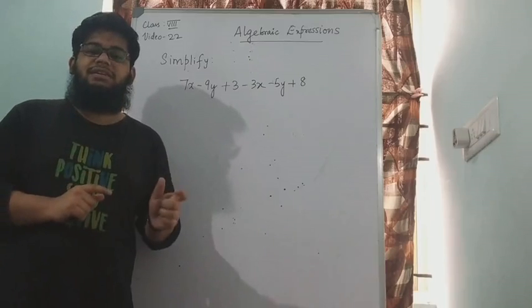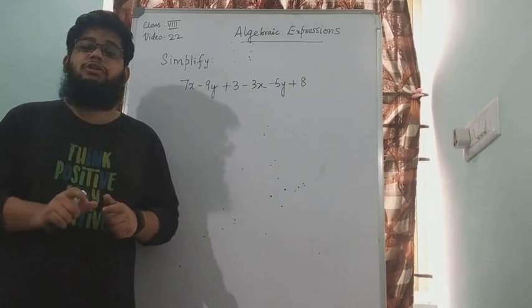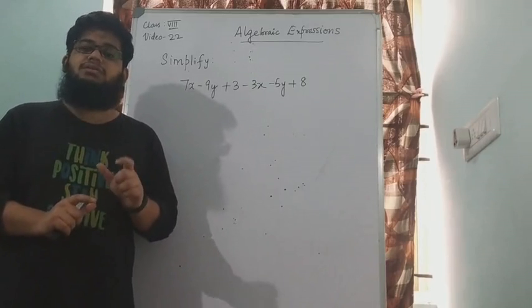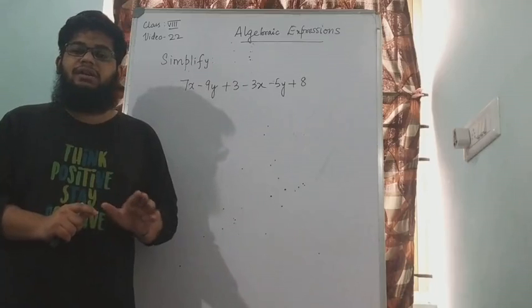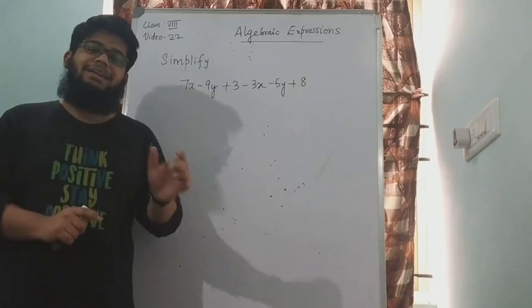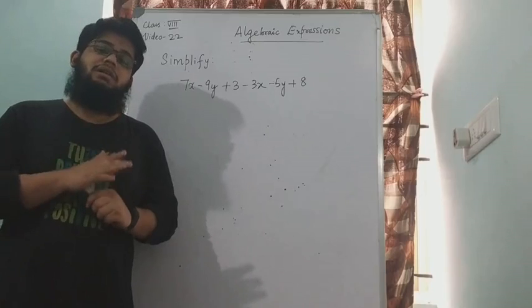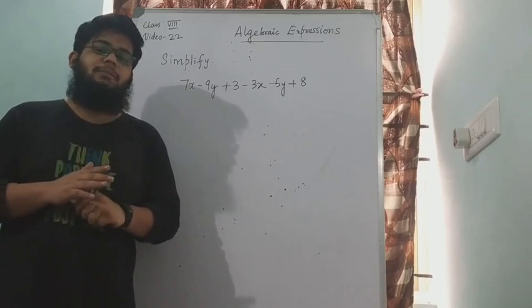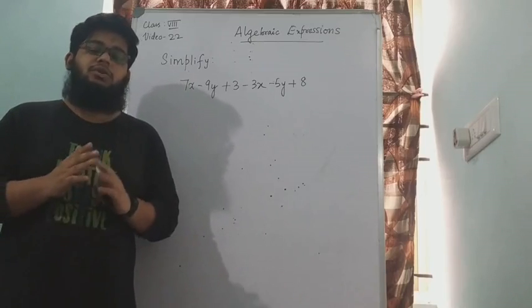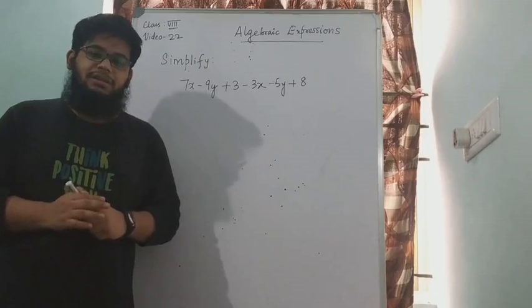That means if you have 7x plus 3x, 7 plus 3 will be 10, but x is going to remain as x only, right? So the variable part remains unchanged, whereas the numbers part can be added or subtracted, and this is possible only for like terms. We don't apply any of these rules for unlike terms, because in unlike terms, as the variables are different, you cannot add or subtract them.